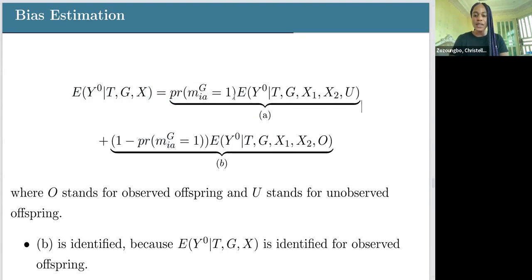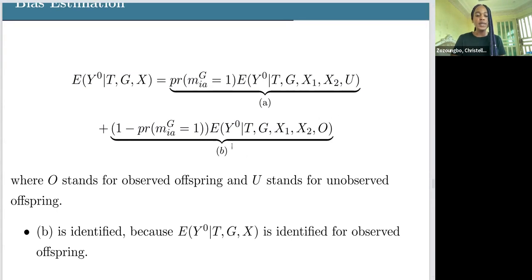The first part is the same expectation for the subgroup of unobserved offspring. From now on, I'll refer to people that are not in the household of their parent as unobserved offspring, and the ones that are in the household with one of their parents as observed offspring. So the first expression is for the unobserved offspring, and this happens with this probability here. And then the second one is for observed offspring.